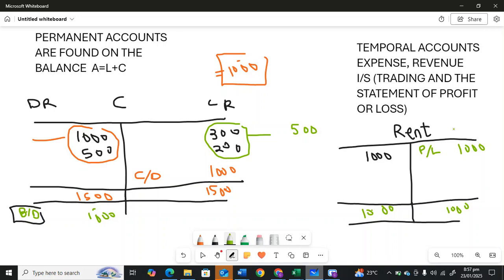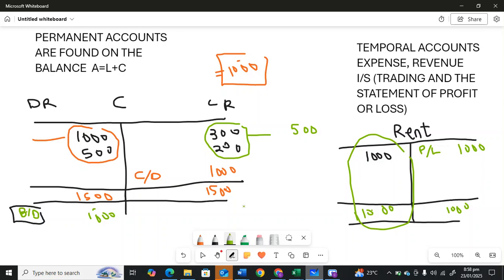Then on the trial balance for the rent account, you're going to put the amount on the debit side. So basically, with these temporary accounts, where the figures appear, automatically that's the side which is going to be on the trial balance.